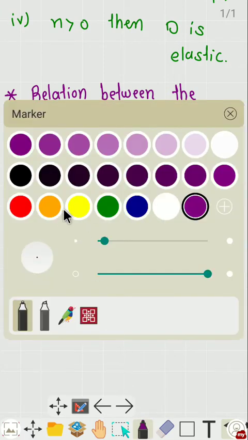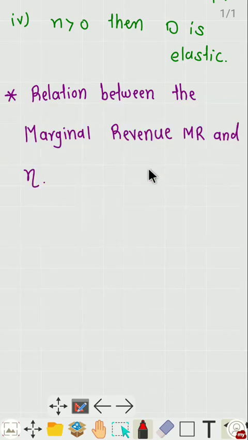We directly write the relation. So the relation is, see here, marginal revenue is equal to average revenue into bracket 1 minus 1 upon eta. So this is the relation between marginal revenue and price elasticity of demand.